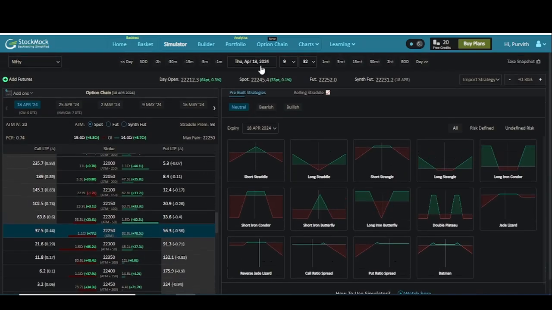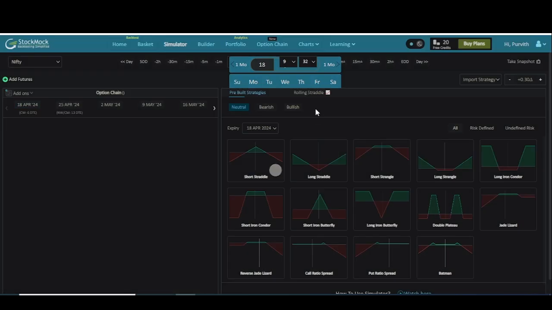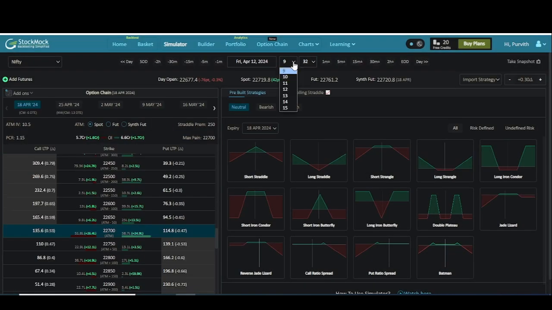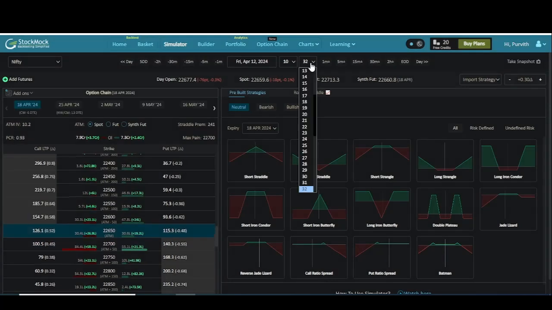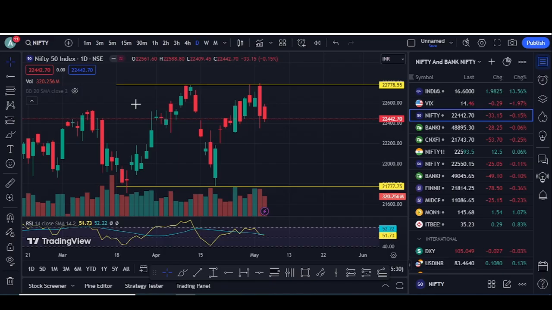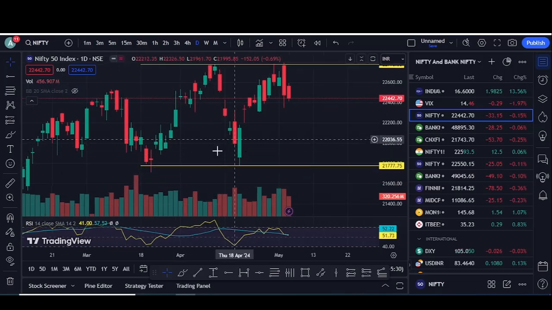Let's begin with that. 12th April, I'll just go back. Generally I'll deploy by 10 o'clock, 10:30 is also fine. I'll leave one hour for the market to settle. Now I'm going to deploy the directional strategy. Based on the previous swing, we have to deploy at least near that price action.